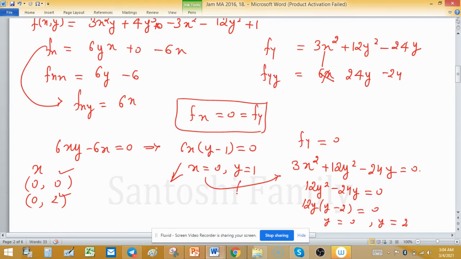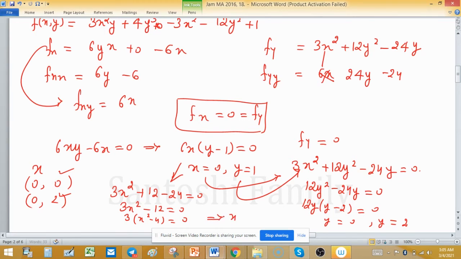Now when y is 1, put it in this one. Then 3x square plus 12 minus 24 is 0. This implies 3x square minus 12 is 0. Take 3 as common, x square minus 4 equal to 0.